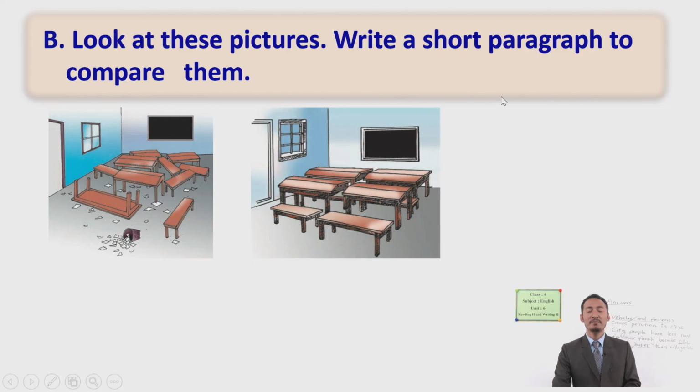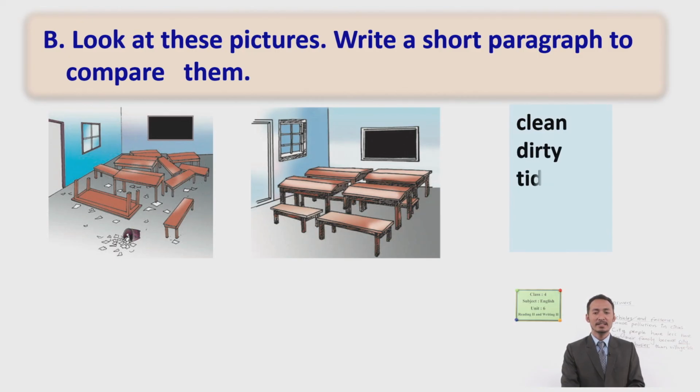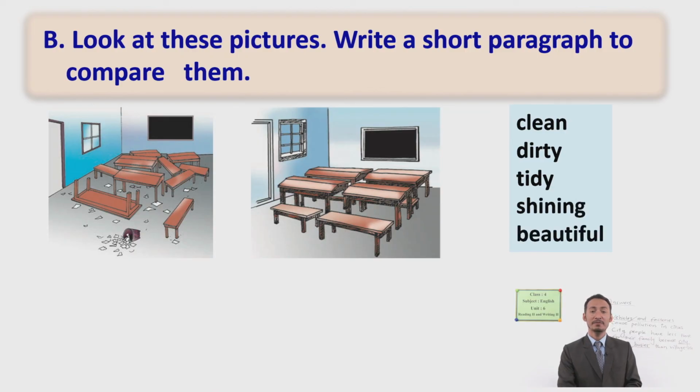So you can compare now with the words like clean, dirty, tidy, shining, beautiful. For comparing, sometimes we need to make an er word or est word, or sometimes we have to add more and most. They are called the comparative and superlative forms of adjectives.